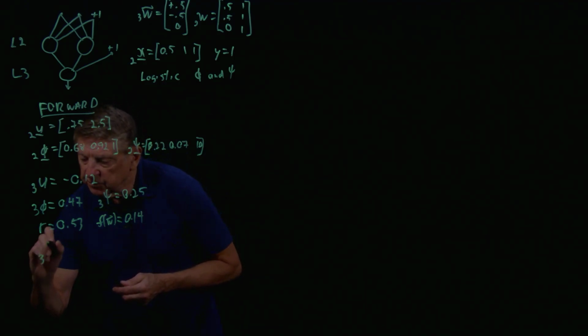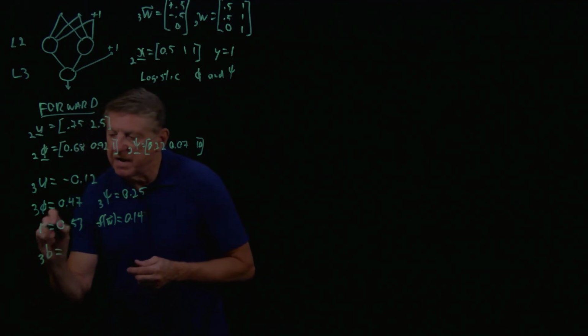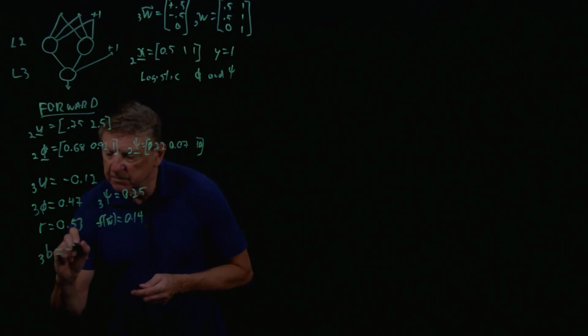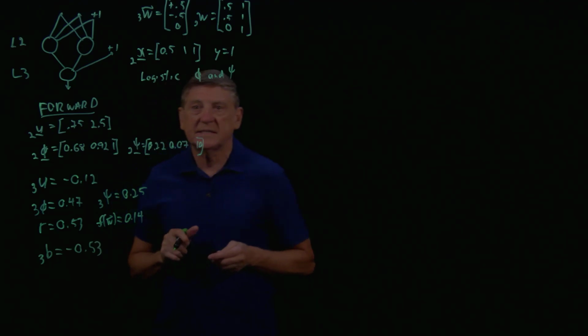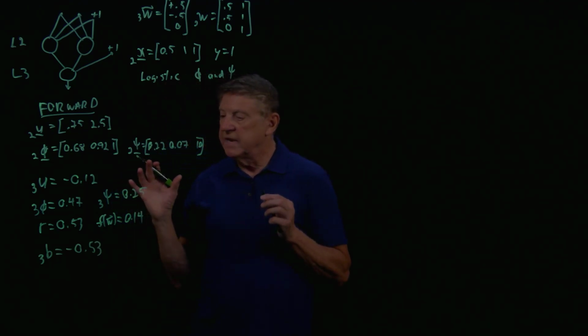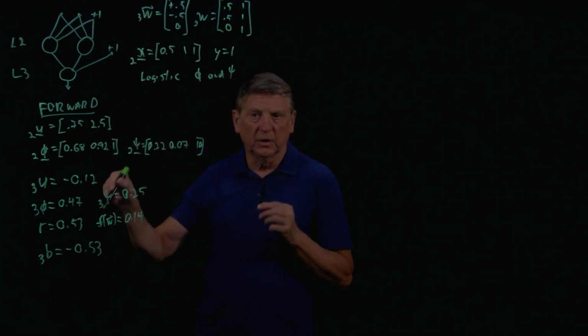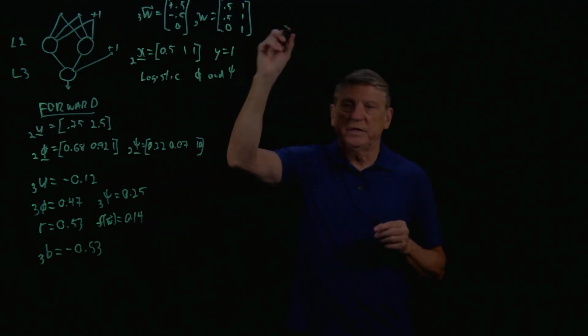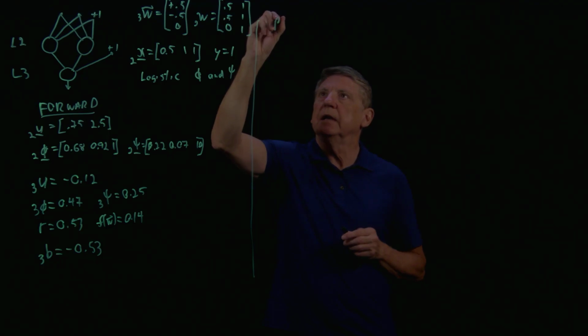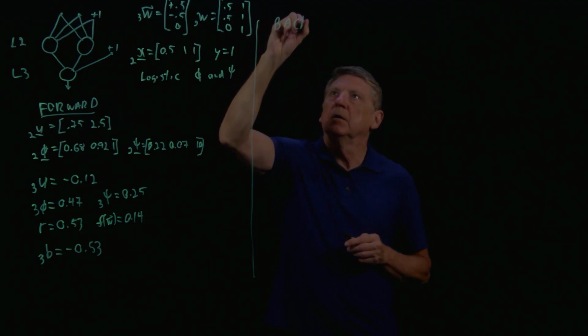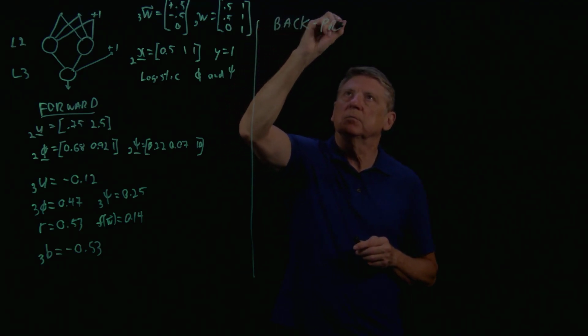The layer 3 backprop is just minus the residual, so that's minus 0.53. So that sets us up, we've gone forward. Now what we do is we go backward. Let's draw a little line here to keep things tidy. And now how do I backpropagate?